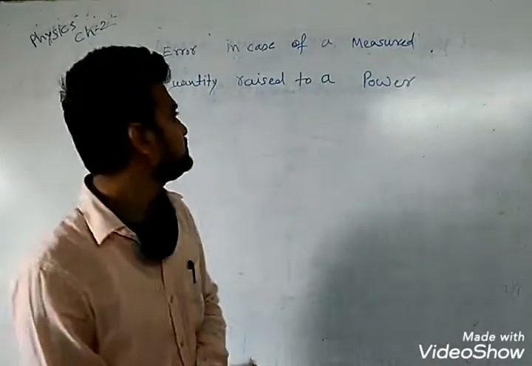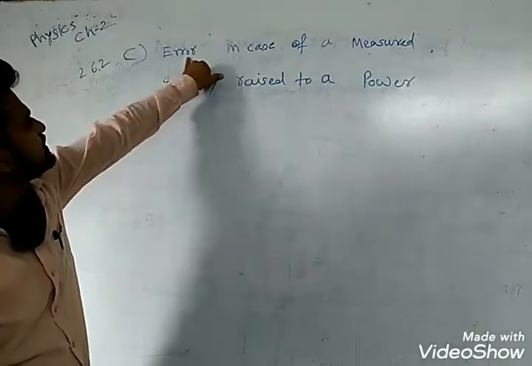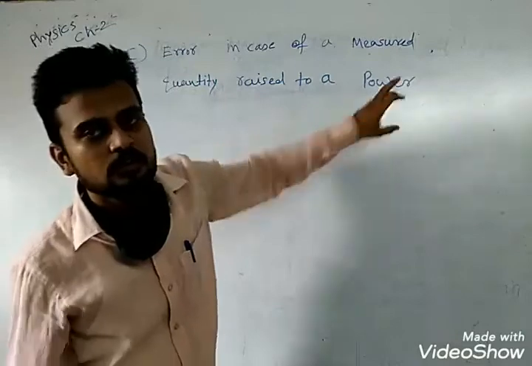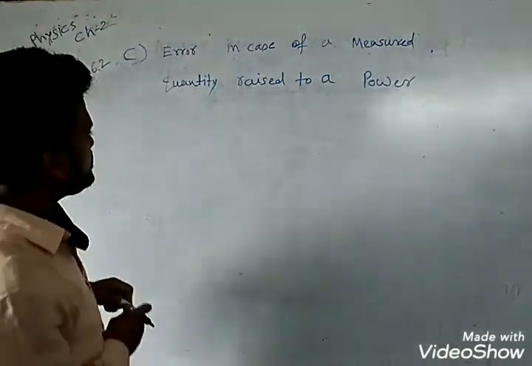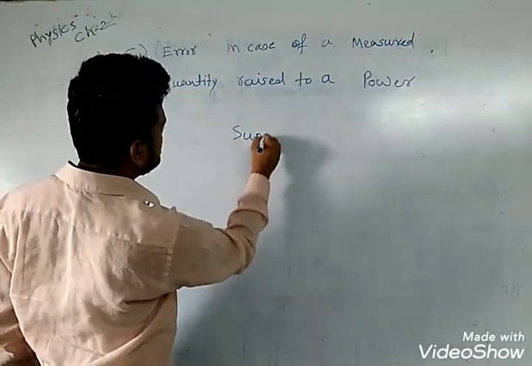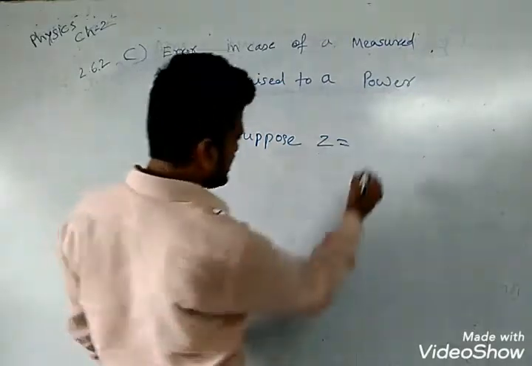Good morning, students. Today we start topic 2.6.2, error in case of a measured quantity raised to a power. Suppose Z is equal to A square.